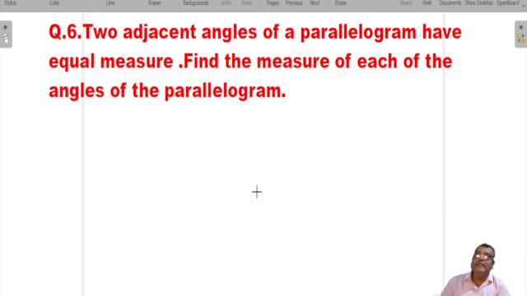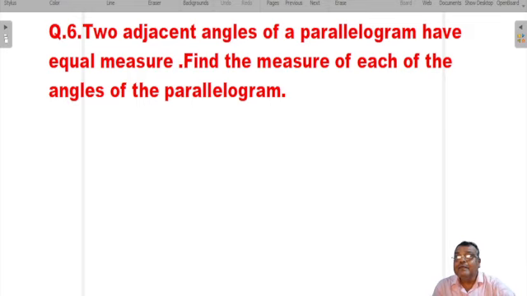Let us see. Two adjacent angles of a parallelogram have equal measure. Find the measure of each of the angles of the parallelogram. Equal measure means x plus x.